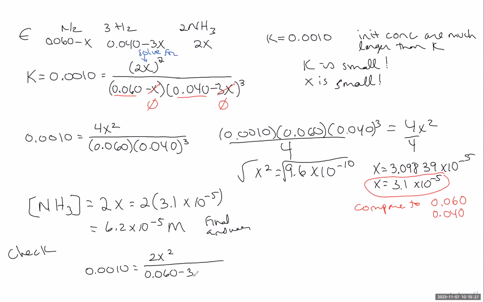We want to put in the x, 3.1 times 10 to the negative 5: 0.040 minus 3 times 3.1 times 10 to the negative 5, all to the third power. And if we do that, we should get x very close to 3.1 times 10 to the negative 5. So that's another way we can check ourselves and make sure that we didn't make an inappropriate assumption.